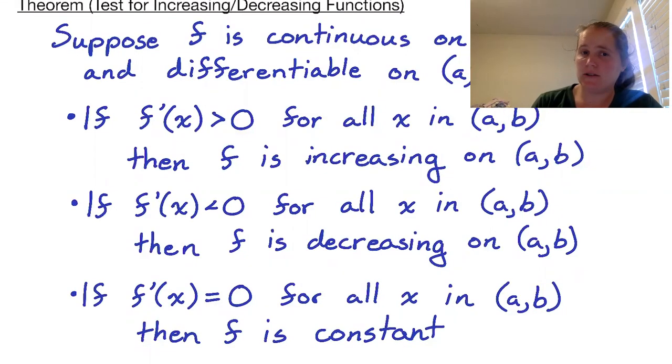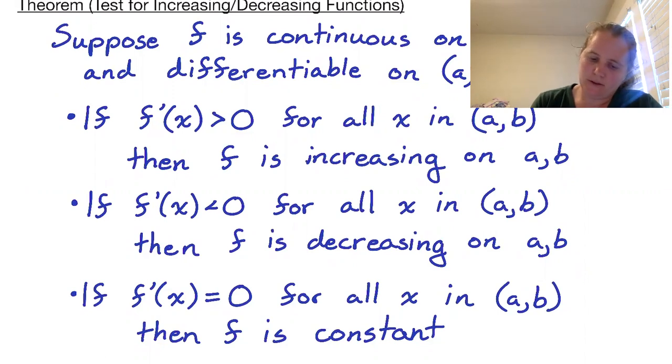Actually, I should change these. It's actually increasing on the closed interval. Oops, sorry. The derivative is greater than 0 on the open interval, and it's increasing on the closed interval, and then decreasing on the closed interval.